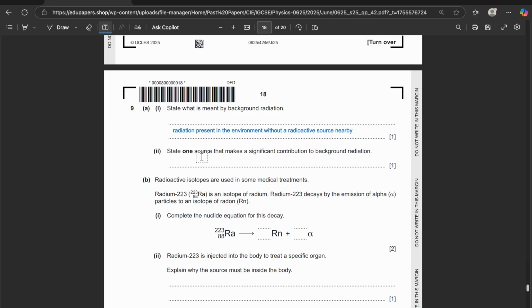To state one source that makes a significant contribution to background radiation, you write many things like rocks, buildings, even food, or you can write cosmic rays from the sun. So I'll choose cosmic rays.